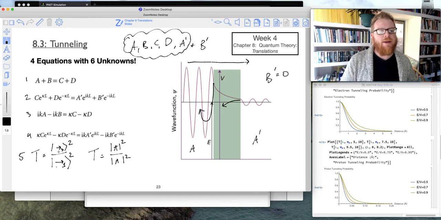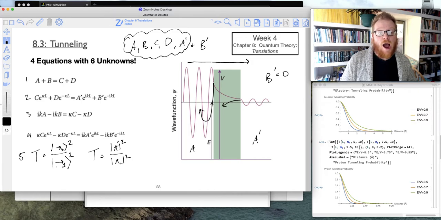And so what ends up happening is this idea now reduces to be the square modulus of A prime, the region 3 normalization constant, over the square modulus of the region 1 constant, okay?